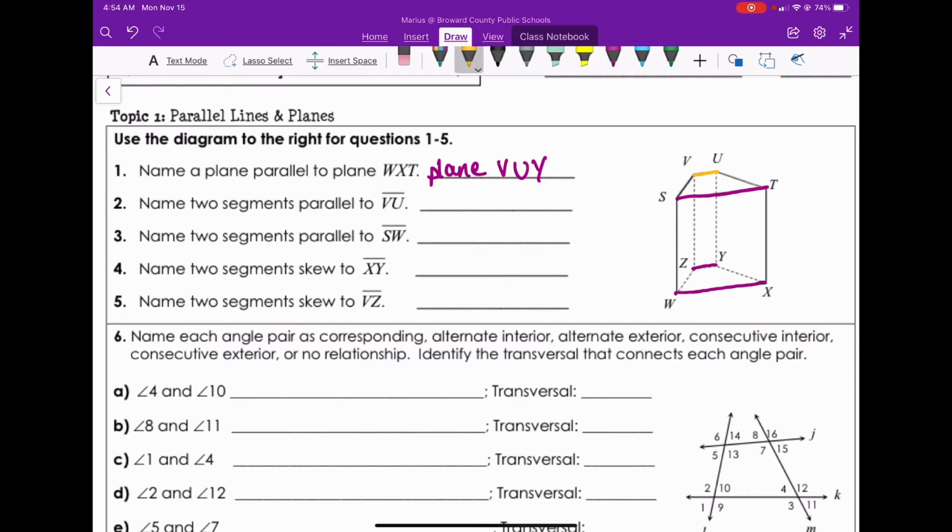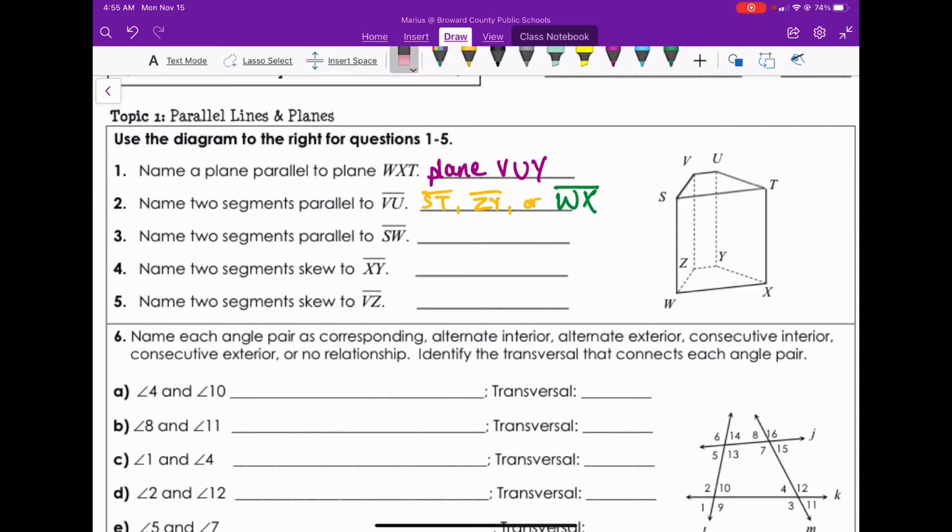So we could list segment ST. Somebody else might say, and it says list 2, so we do have to list 2, segment ZY. Okay, now somebody else may list WX, which is the last one. All right, let's see here.